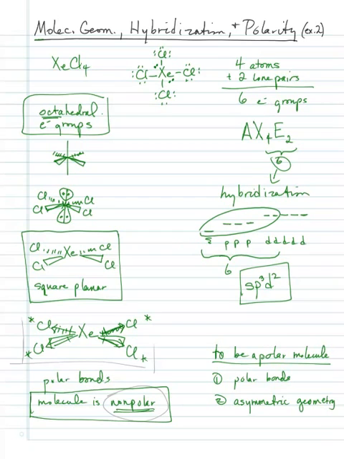If I would cut through these atoms in our xenon tetrachloride with a plane, the plane would go through every single atom because they're all in a planar arrangement. Everything is planar here, and so there's no way to cut through the molecule with a plane and get more negatives on one side and more positives on the other. So there's no positive end or negative end to this molecule. It is non-polar.